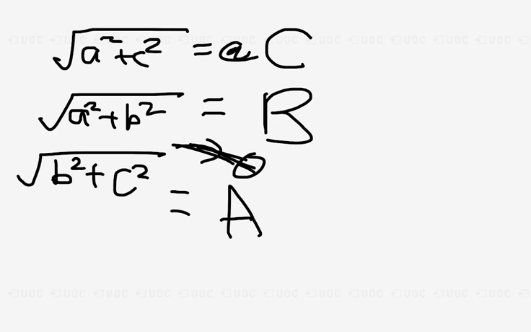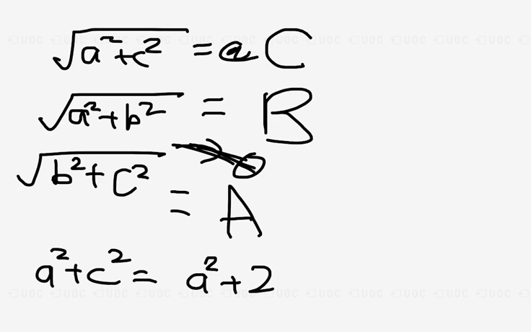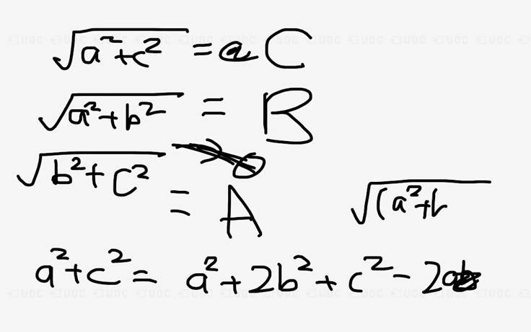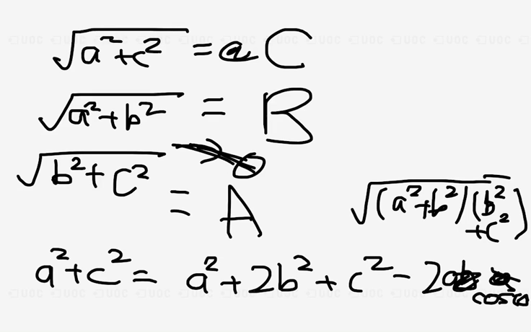So by the cosine rule, this squared is equal to A squared plus B squared plus C squared is A squared plus 2B squared plus C squared minus 2 square root A squared plus B squared plus C squared cosine of theta.